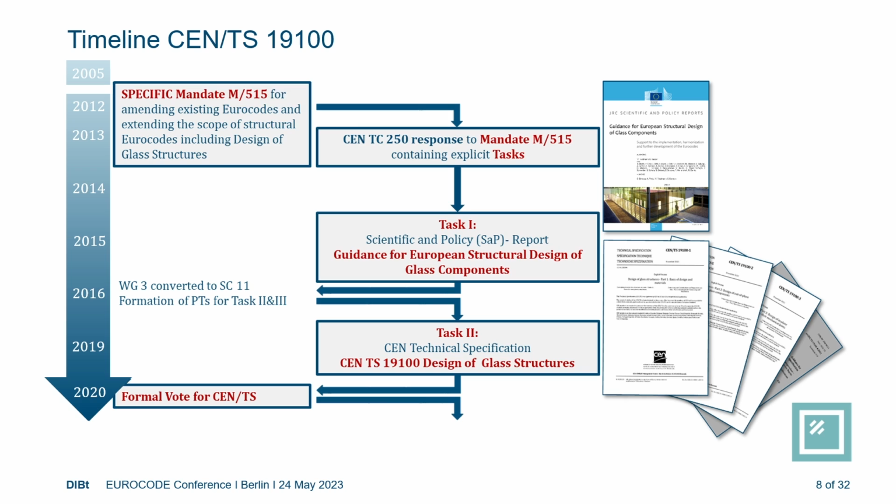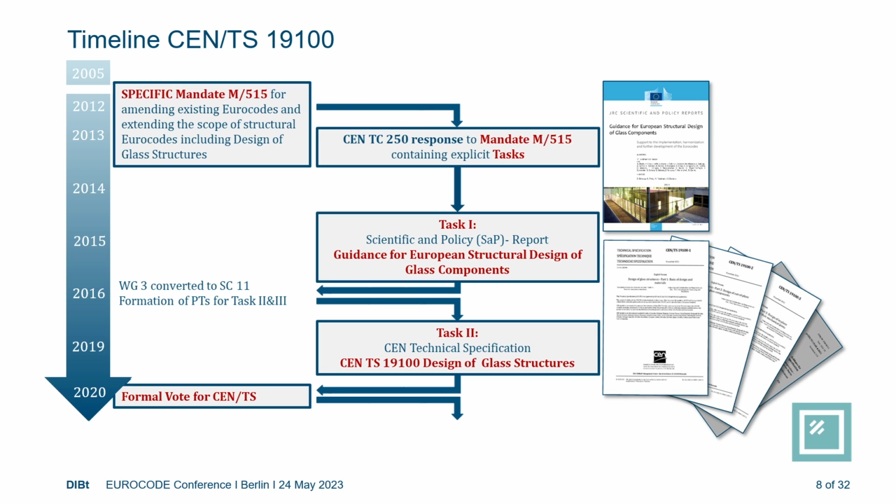The first task was to collect all the information on the current state of the art of how to design glass, and how to incorporate it into a comprehensive standardization work. That is done with this guidance on European structural design of glass components, which you can see there.